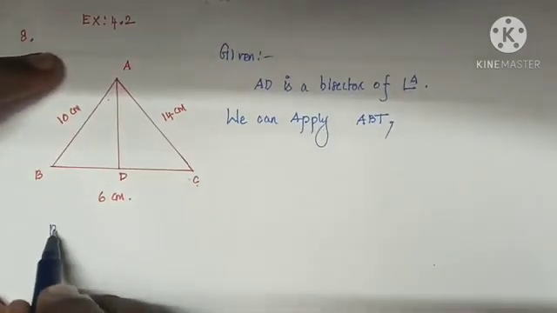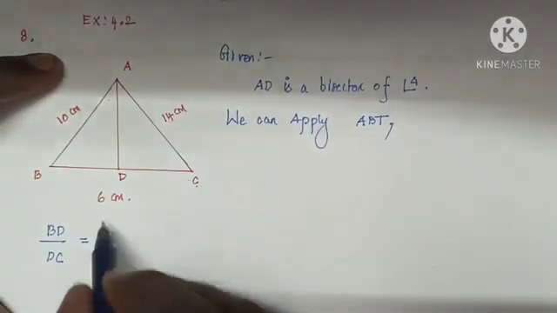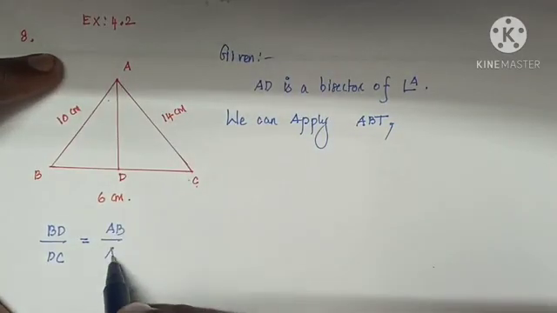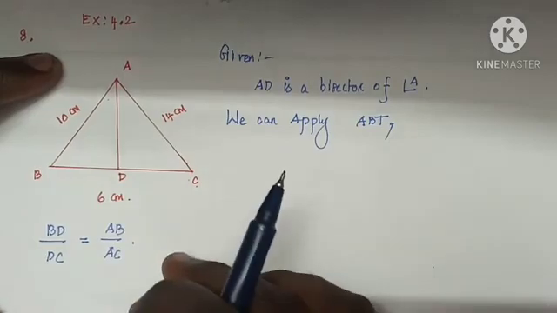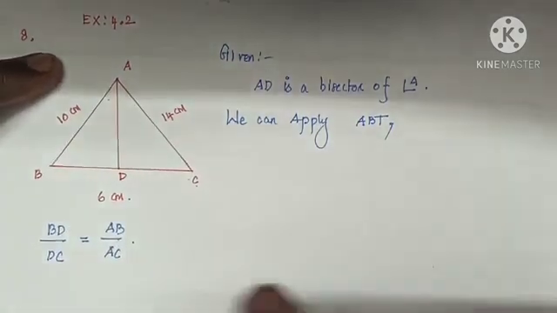It means BD by DC is equal to AB by AC. This is the theorem: BD by DC equals AB by AC.